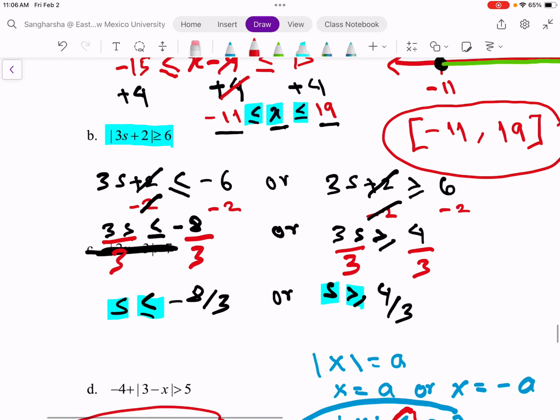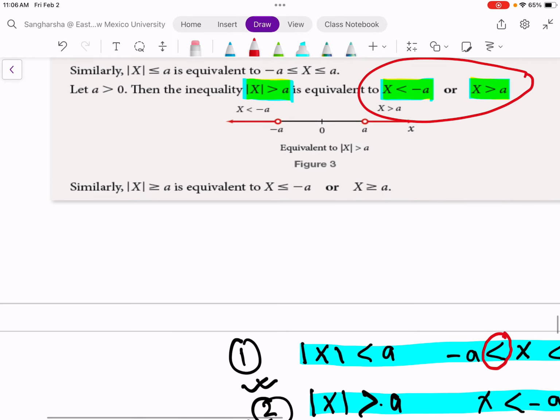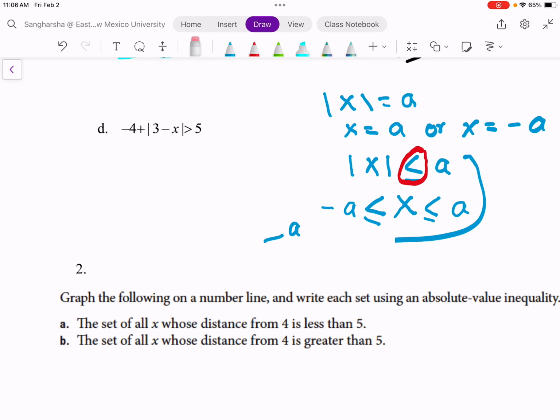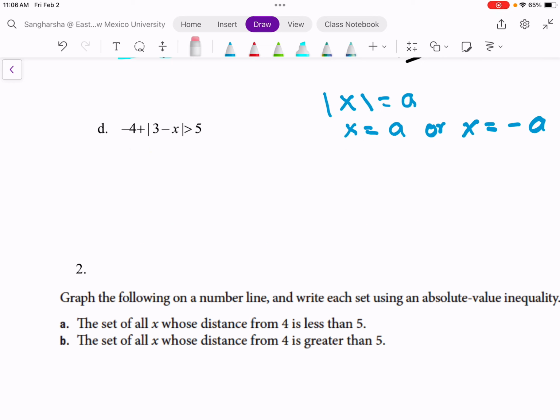Now let's use this definition to solve one more inequality. We are at number D, so let me get rid of this thing here. We have negative 4 plus absolute value of 3 minus x greater than 5. We need to find the solution set for this inequality.